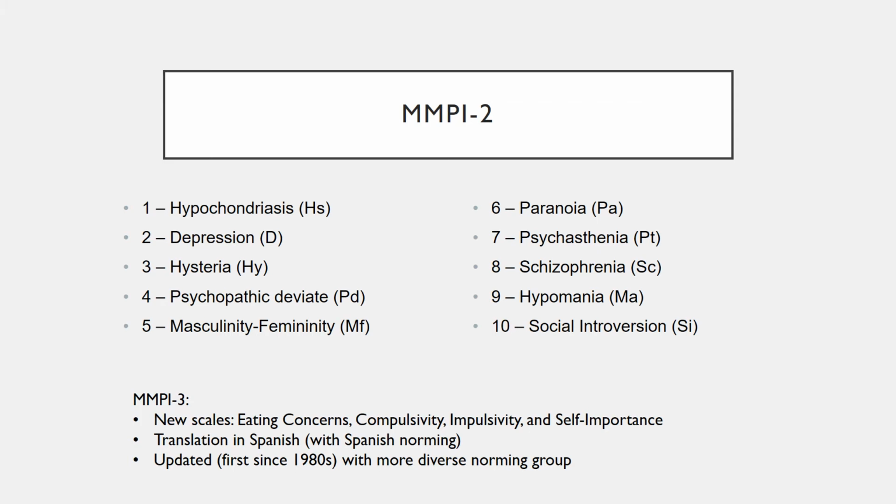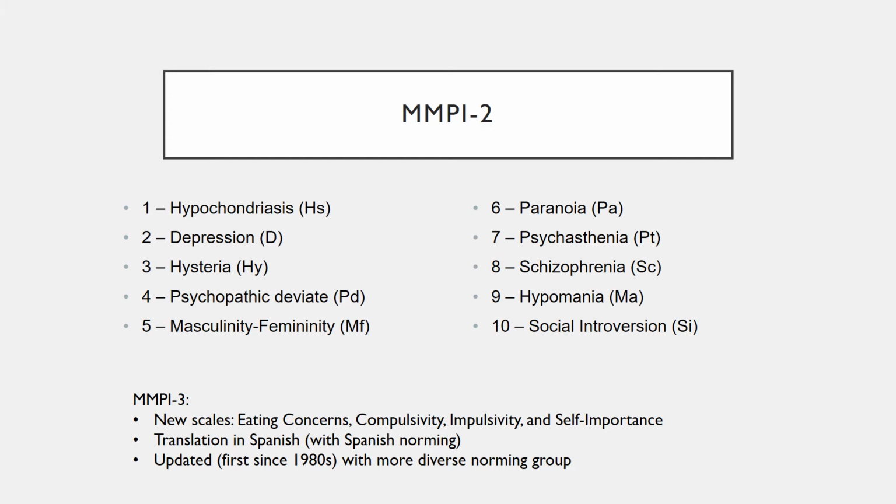Another huge update is that there is now an officially validated Spanish version of this assessment. Up until this year, it was only available in English, so it's a pretty huge development that they now have a translation in Spanish. They also have norming groups that took the Spanish version, so they know that the norming for the Spanish equivalent is about the same as the English.